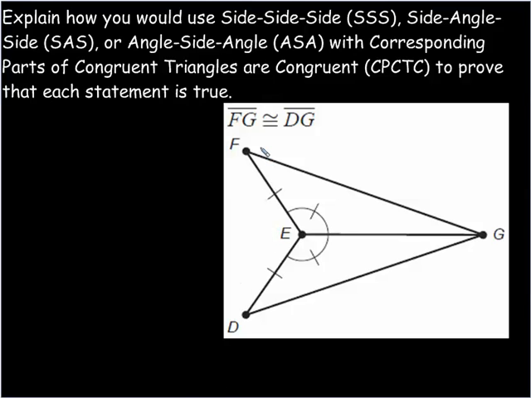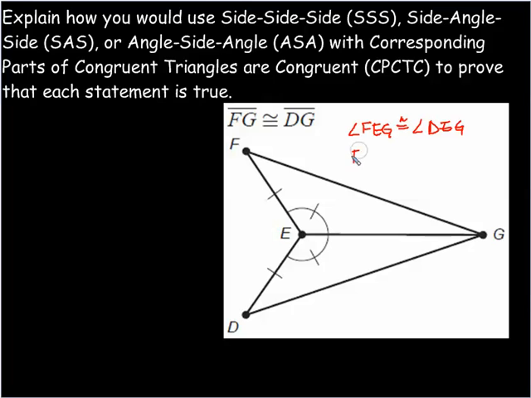Alright, this one we're trying to prove that segment FG is congruent to segment DG. So let's look. We can tell right here that angle FEG is going to be congruent to angle DEG because it's marked there for us.